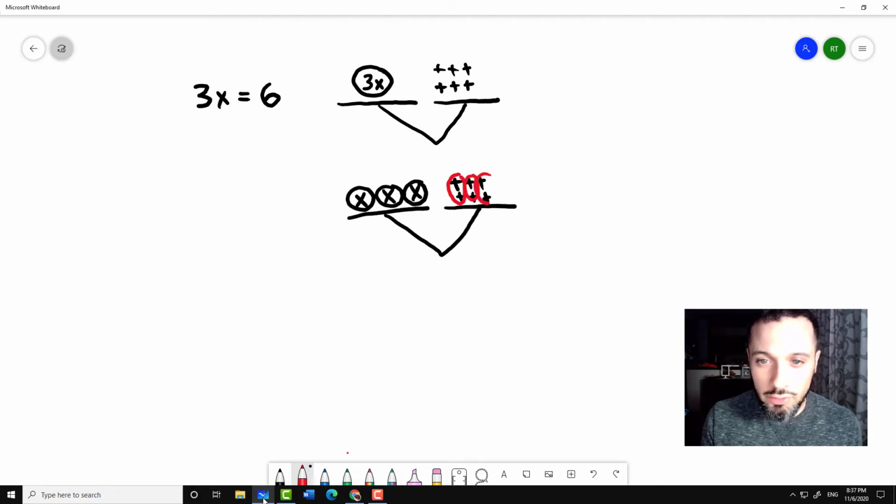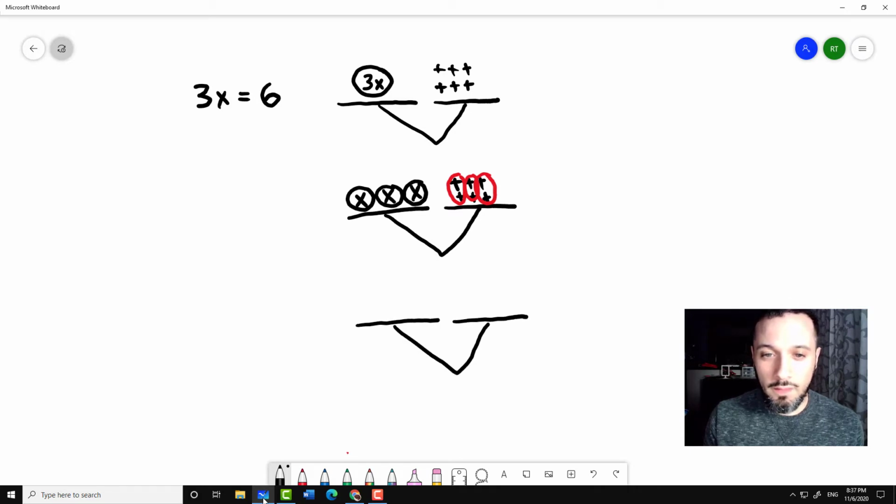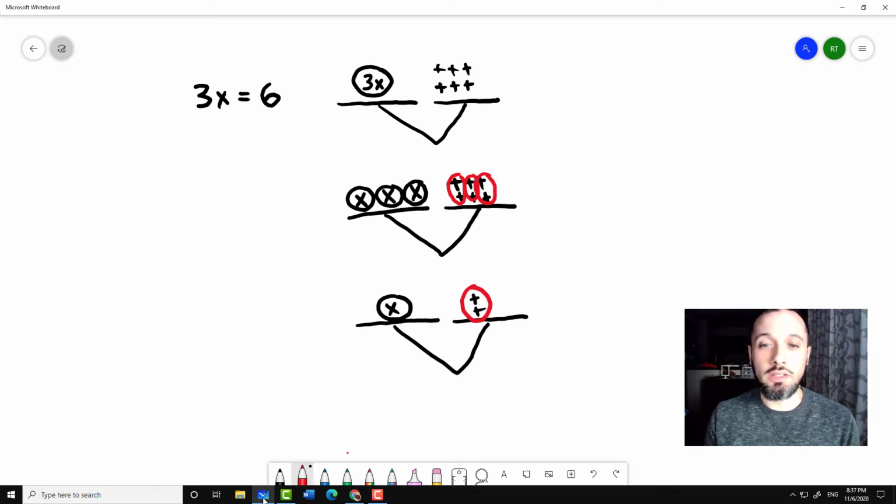So if I put 2 in each group, you can see here that we can figure out what is the value of one of those x's, because, and I'm going to draw one more, for each x, I can see that matches up with a group of positives. And that is the answer for this equation.